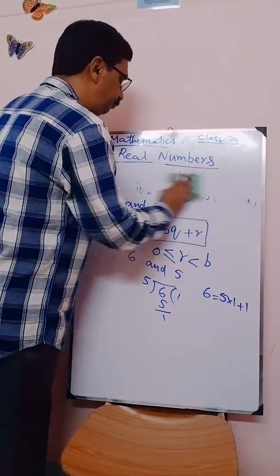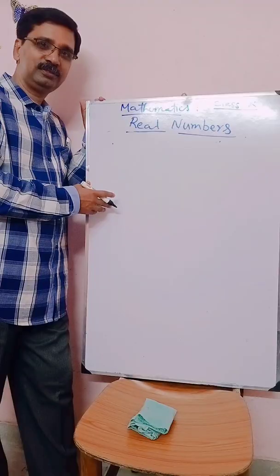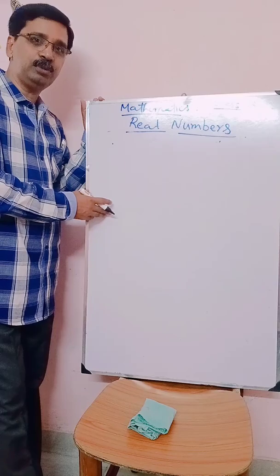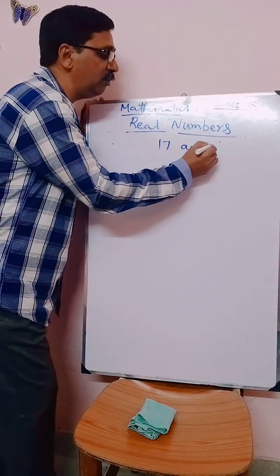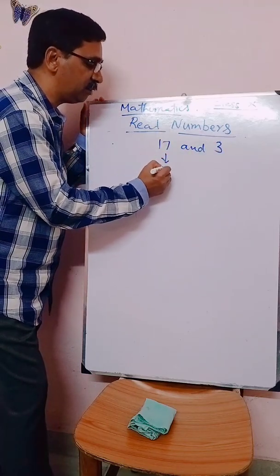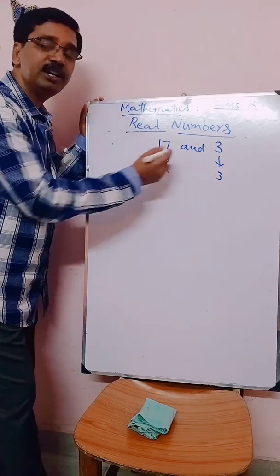Now you may take some more examples like this. Let us take two more examples, say integers 17 and 3. Let us divide, here a equal to 17, b equal to 3. 17 is divided by 3.